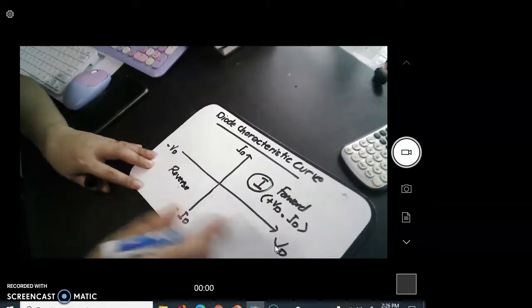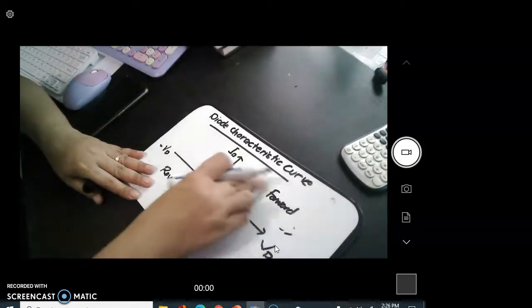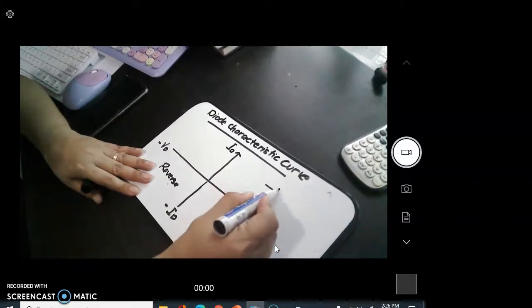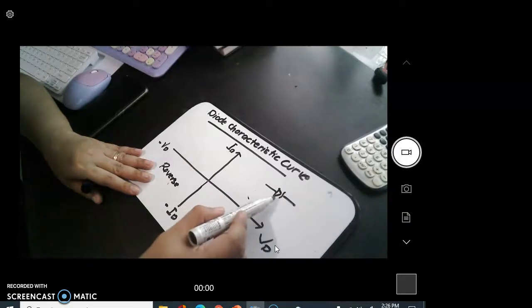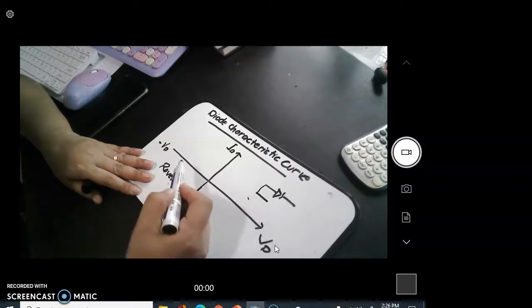Now, what is the characteristic curve of our diode? If you have a silicon diode, in order for the charges to move across the PN junction, the barrier potential must be overcome.